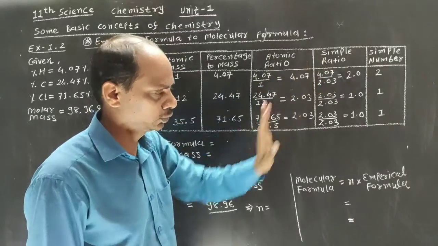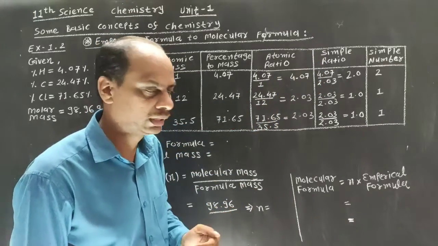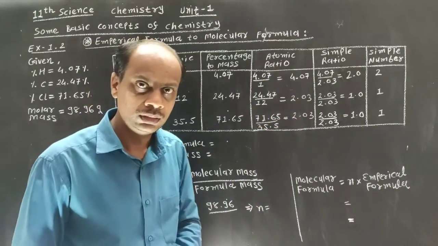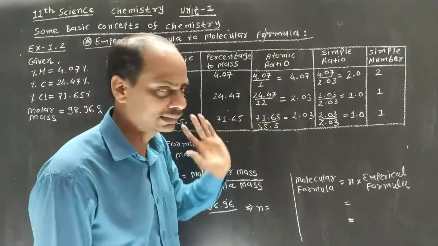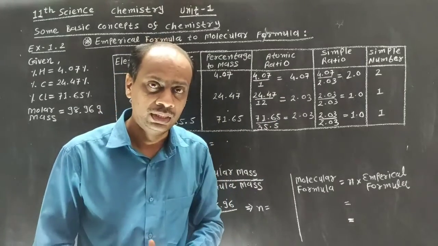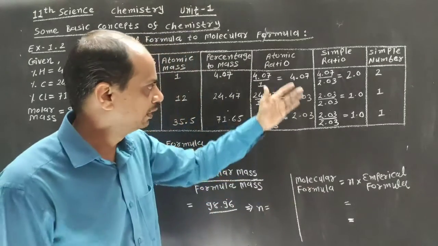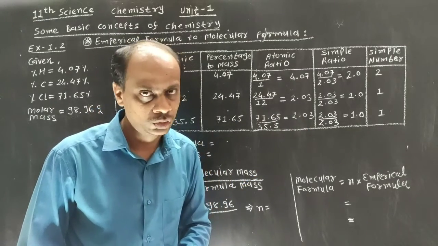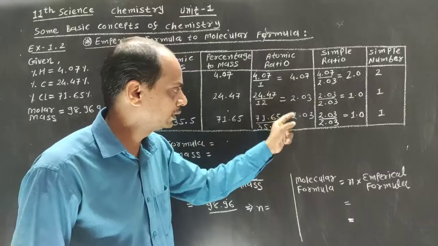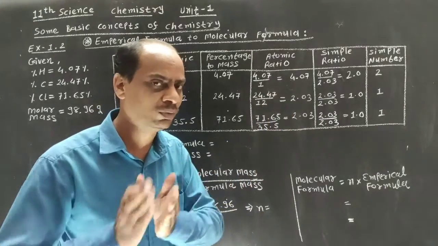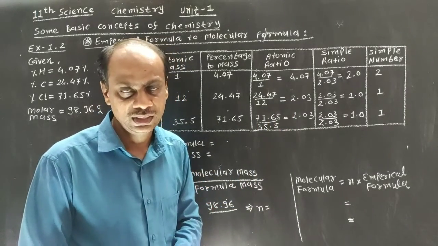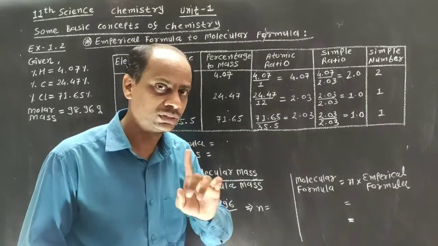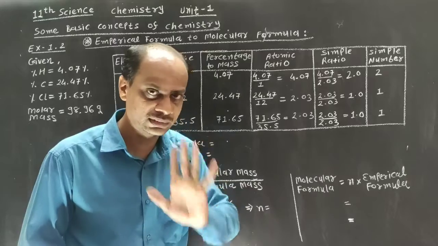Now simple ratio. What is simple ratio? So here we have three answers. We know that here the answers are the same, but in many cases we are not able to obtain all three answers the same. So don't concentrate on the same value, but concentrate on the smallest answer. If all the three answers are different, then I have to concentrate only on the smallest answer.